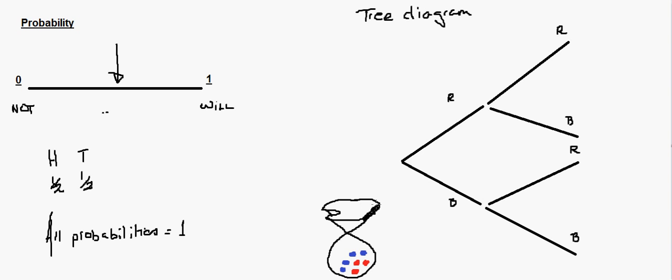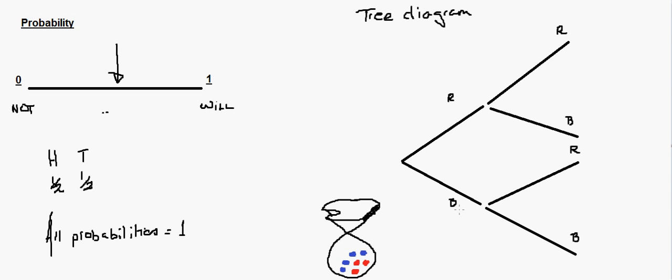If I was to put my hand into the bag and draw a counter blind, and note the colour, the probability of it coming out blue would be 4 of the 7 counters.